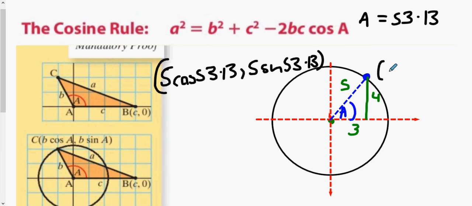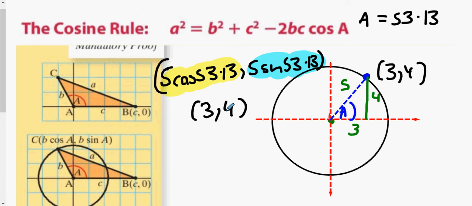Exactly. Now, here's what I want. Half the class put in 5 cos 53.13. The other half the class put in 5 sine 53.13. What answer are you expecting? Expecting 3, 4, aren't you? Yeah, because you did the blue one. And the lads who did the yellow one got 3.